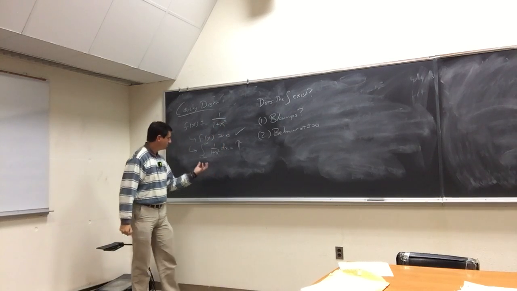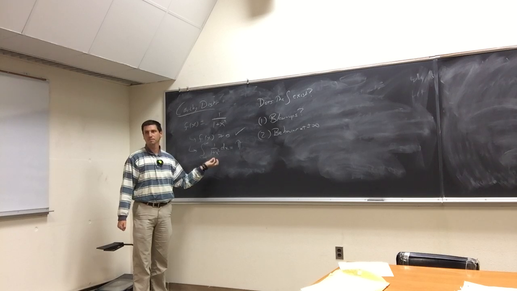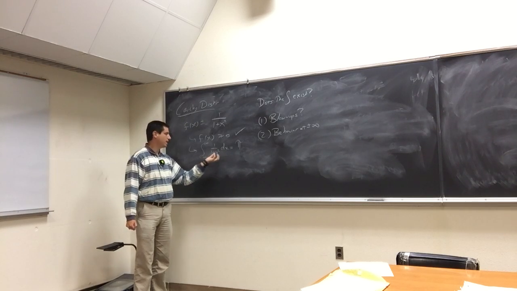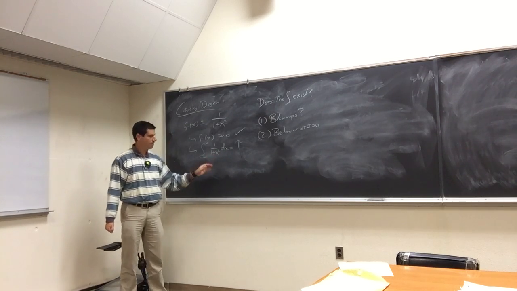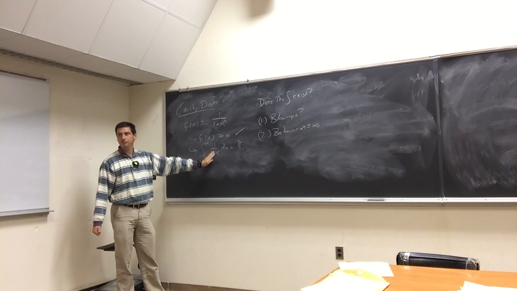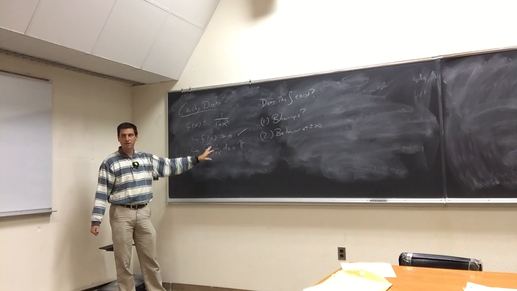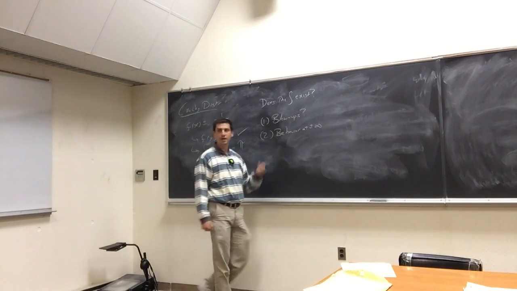For this problem, we don't really have to worry about blow-ups. Is the denominator ever 0 for real numbers? There's no value of x I can put in such that this blows up. If I gave you the integral of 1 over x squared, then that would be different. So I don't have to worry about any blow-ups. I do have to worry about the behavior at infinity.